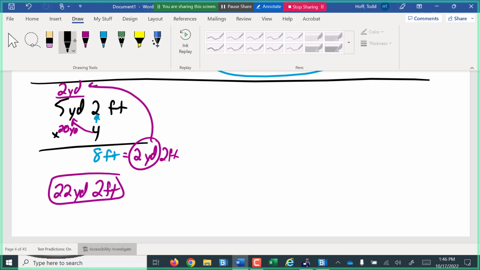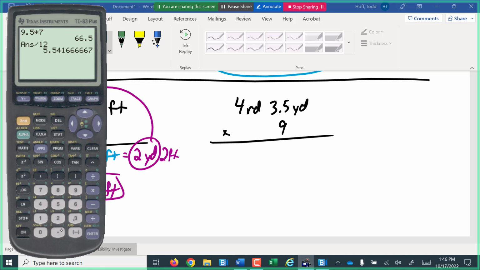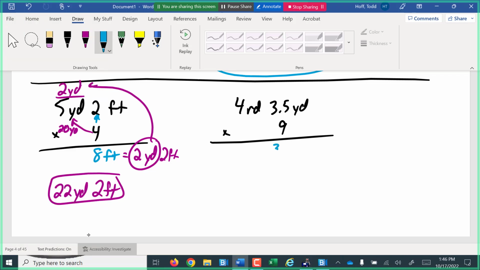Let's do 4 rods, 3.5 yards times 9. So again, we might need the calculator to help us with this one. So if you did 3.5 times 9, you get 31.5 yards. Now we want to break that up into rods and yards.